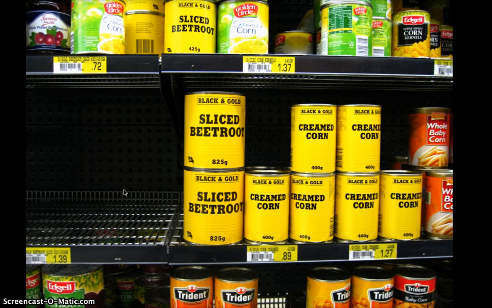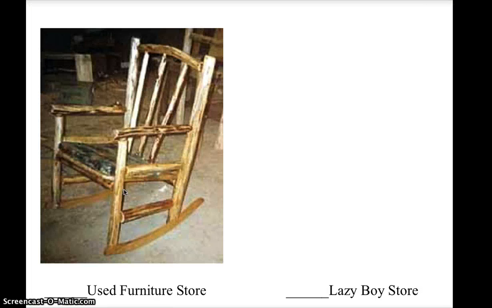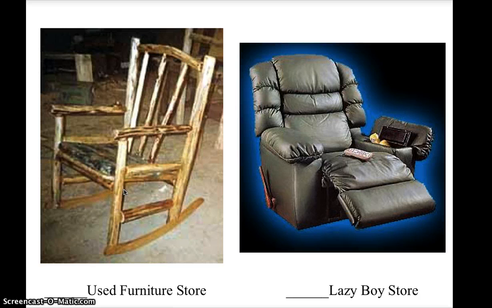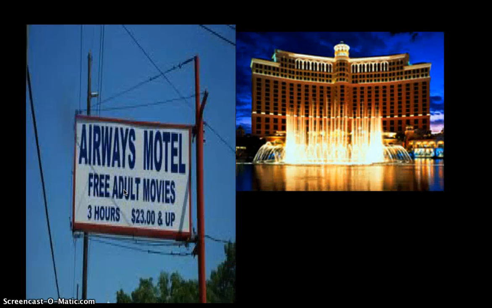So here's some other examples. Obviously, generic foods are going to be inferior goods, and brand name foods are going to be normal goods. Take, for example, a used furniture store or a new furniture store. One's going to be a normal good and one's going to be an inferior good.